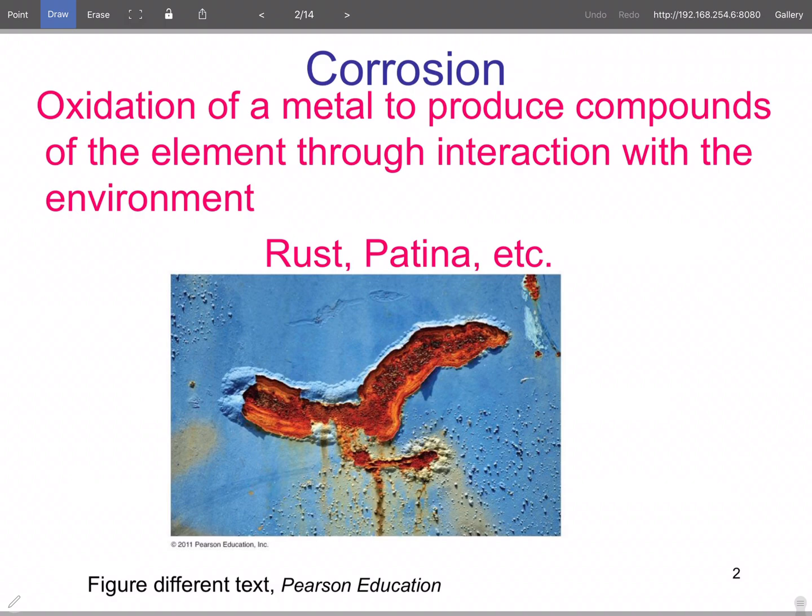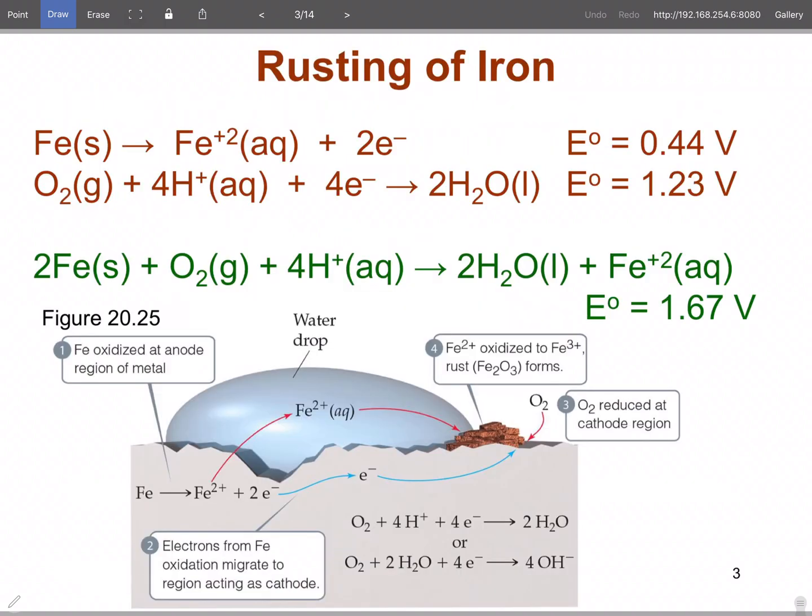But this is a major problem, corrosion, because think about it. If you leave metal out in the weather, like a very ornate steel gate, and you don't do something, it's going to corrode. And your car, this is really important on cars, because in the north they have a lot of cold weather, so they salt the roads.